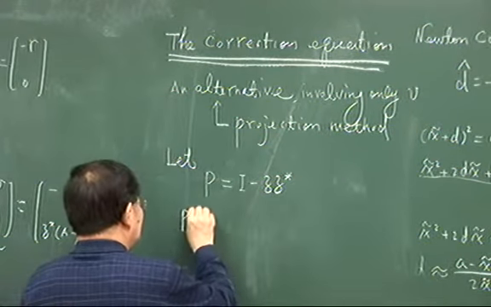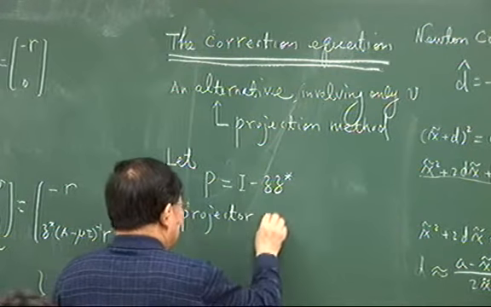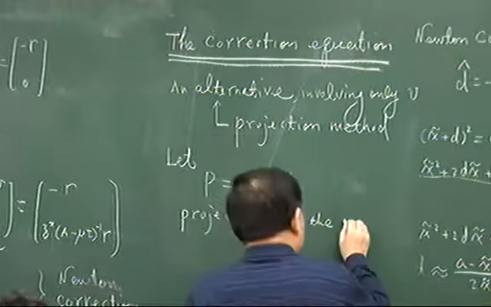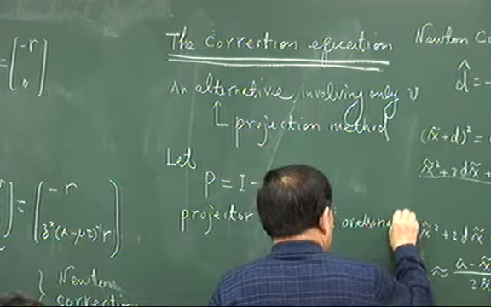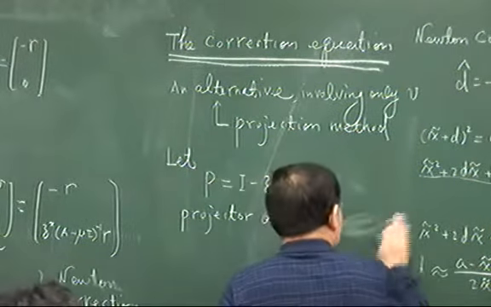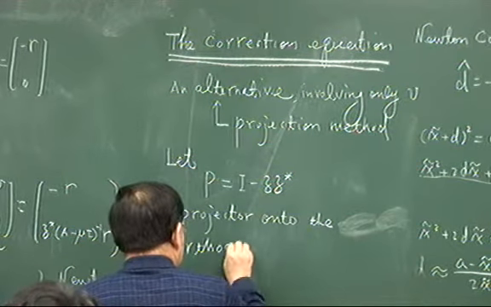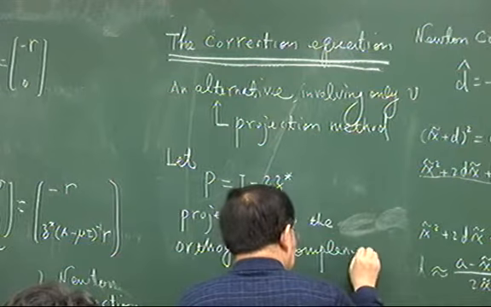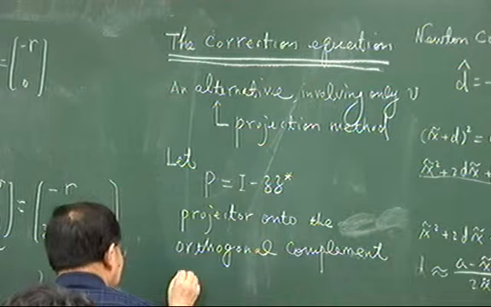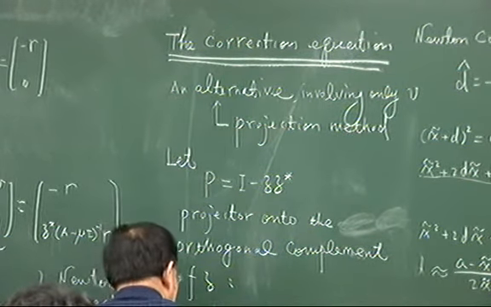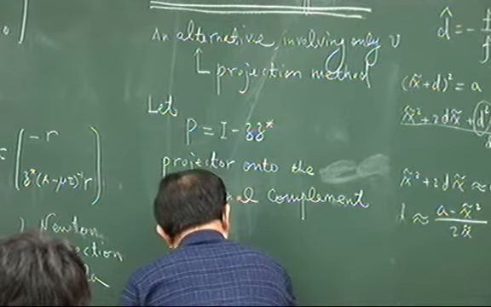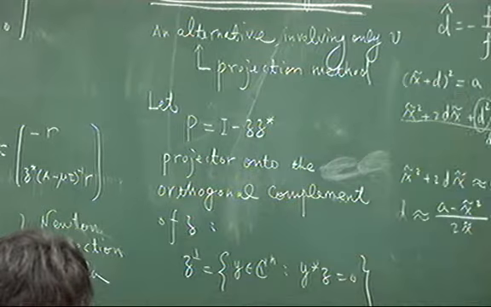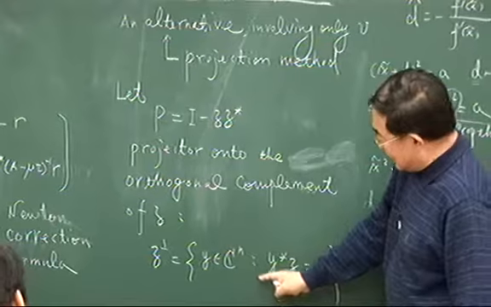You can say this is a projector onto the orthogonal complement of z, just as this one. y is in this subspace. This is a projector, or this is a subspace.